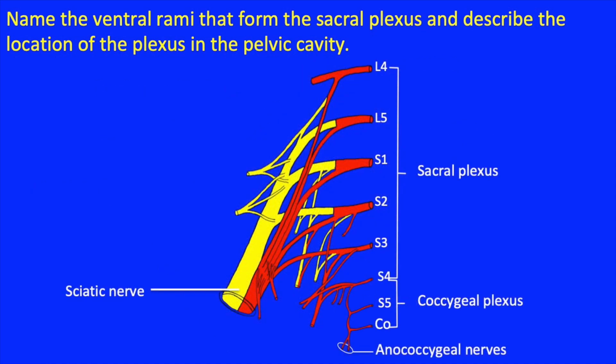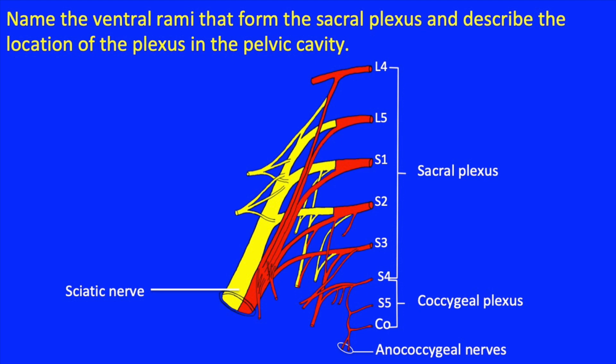To finish up with the sacral and coccygeal plexuses, let's look at a drawing of these plexuses. The sacral plexus consists of L4 to S4 nerves, and the coccygeal plexus refers to the S5 coccygeal nerve and the anococcygeal nerve.